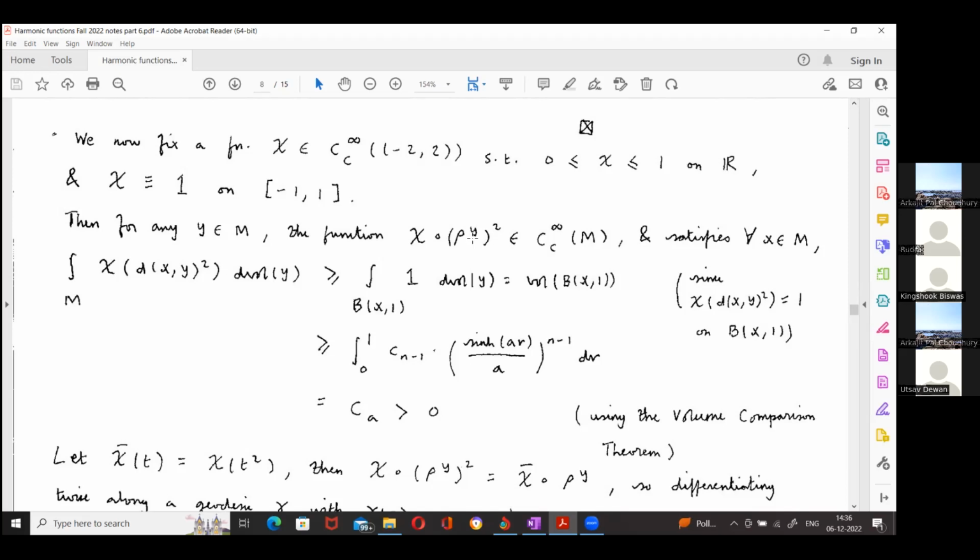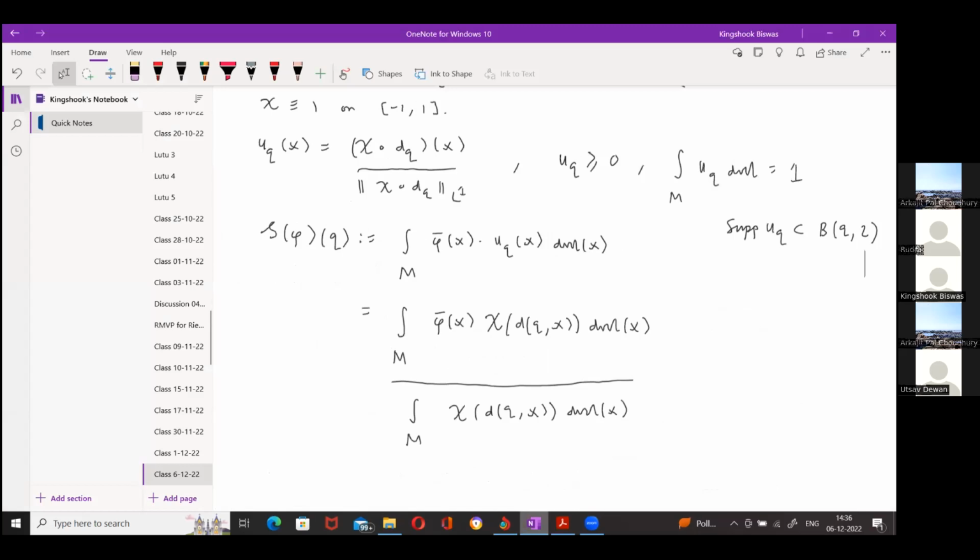It's not smooth at that point, but we know that the square of the distance function is smooth everywhere. So actually we look at chi composed with the distance function squared. Let me modify this. I look at this distance function squared and I divide by the L1 norm of the distance function squared. So this will be the distance squared and this distance squared. Okay.